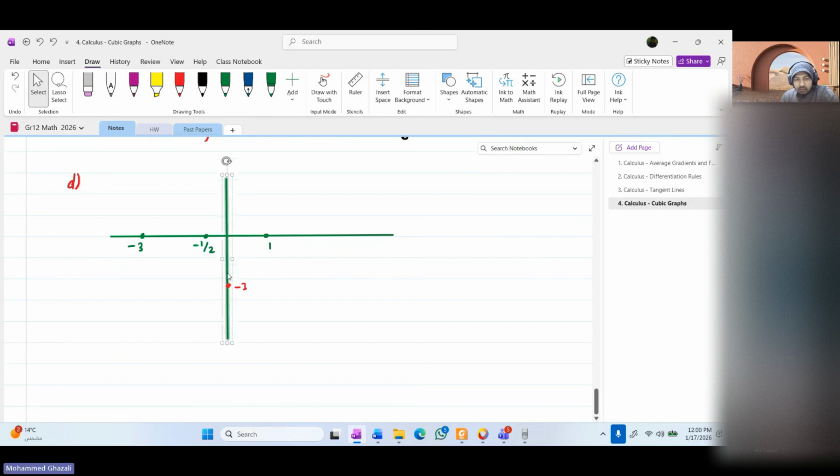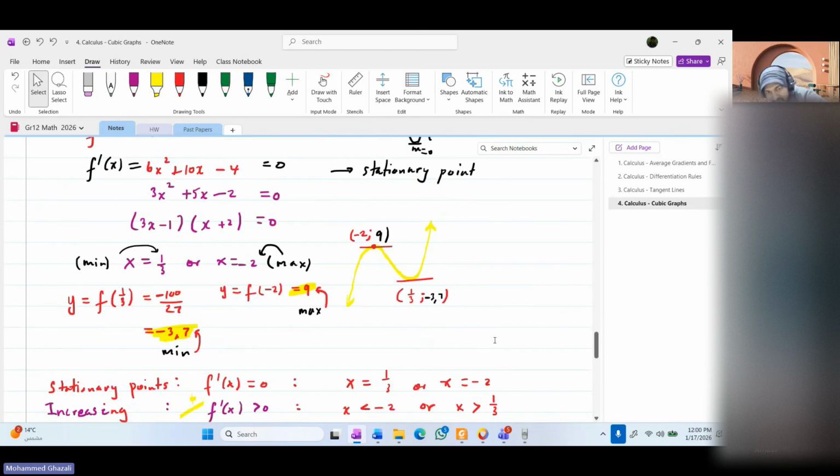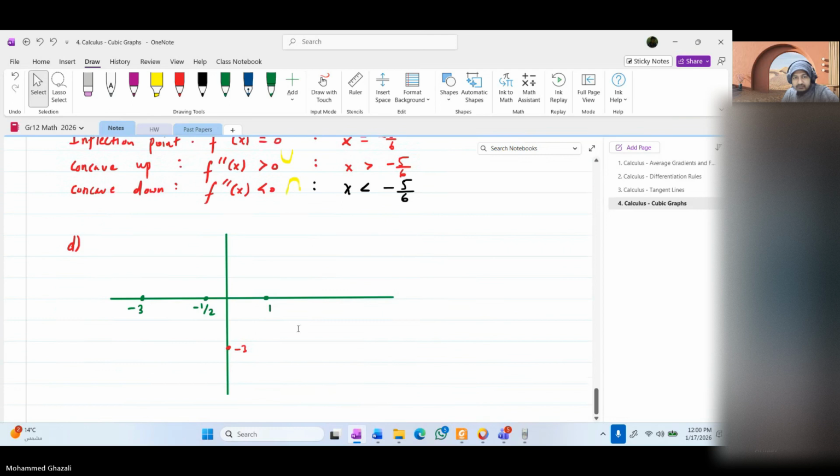Look, when you're sketching your graph, you need x-intercepts, y-intercepts, and turning points. Fit that in first and then do the rest. And then just put an inflection point. That's it. Turning point was -2 and 9. So at -2, we had 9, okay?